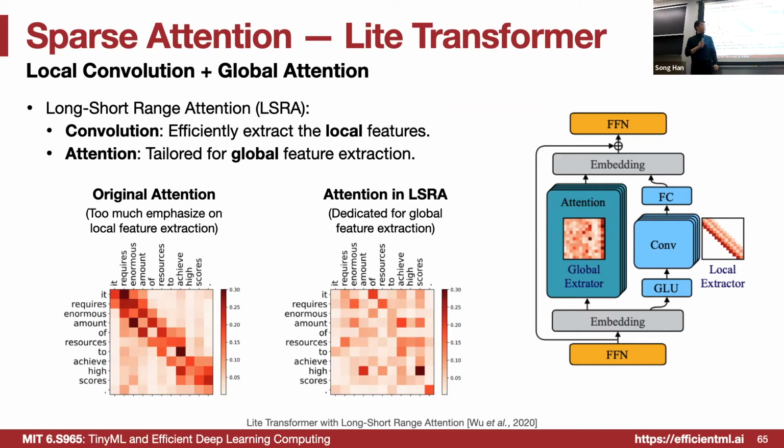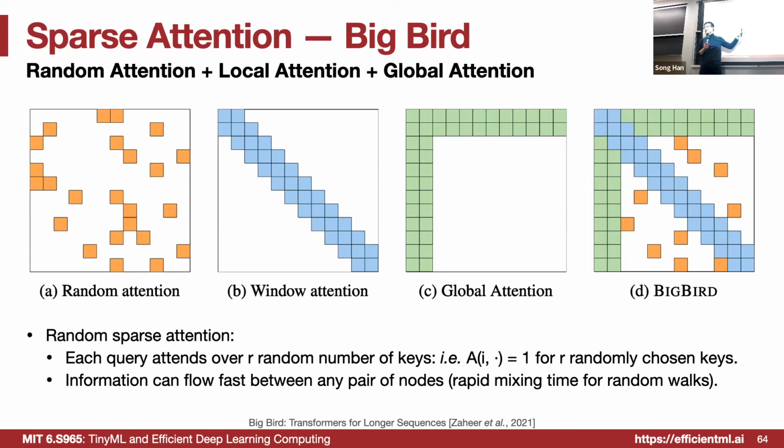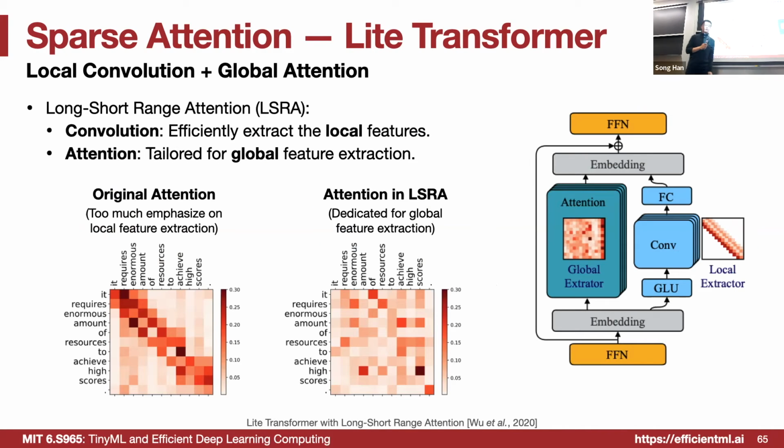Right. Since this window attention reminded us of something, right? Convolution is very good at this kind of window attention, since it is only modeling the relationship between the close neighbors, right? So why not just use convolution to model such window attention? So in 2020, we published this paper called the Lite Transformer that exactly implements this idea.